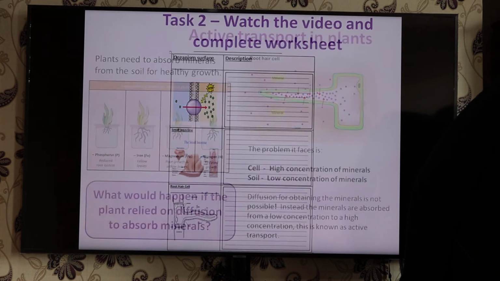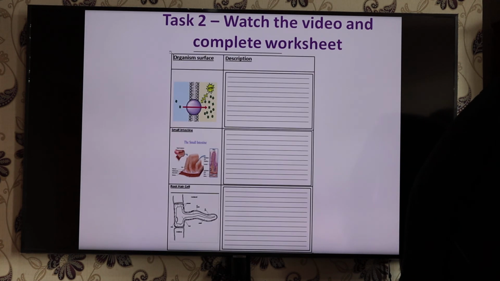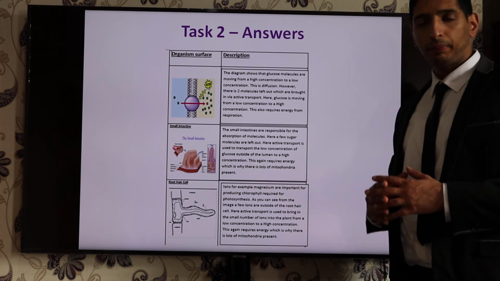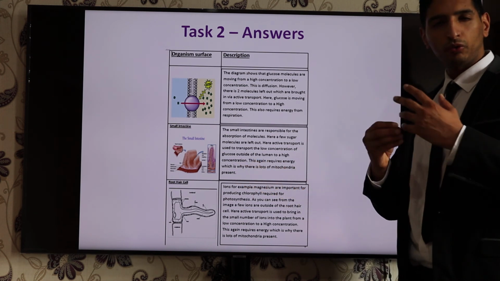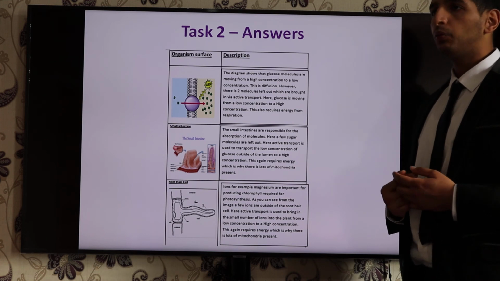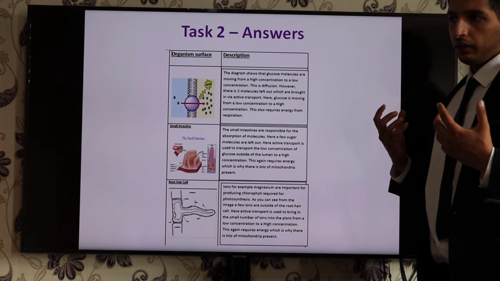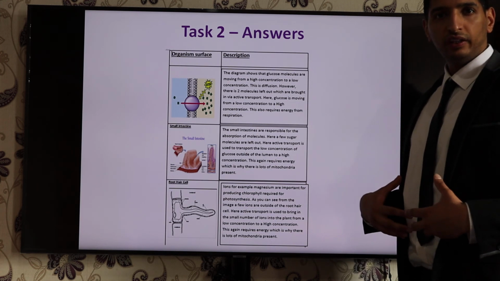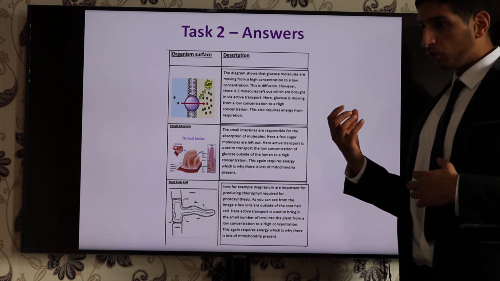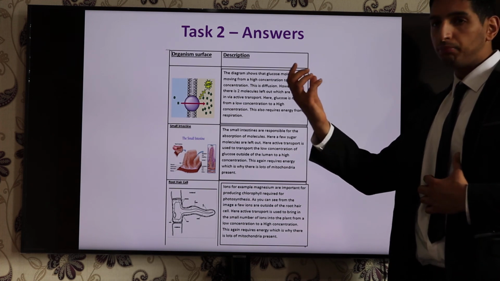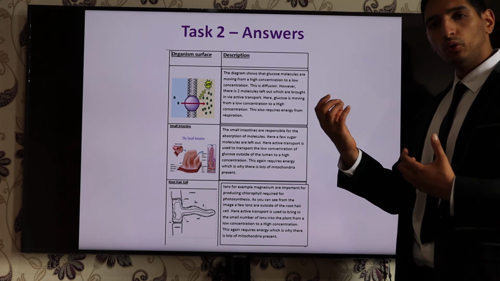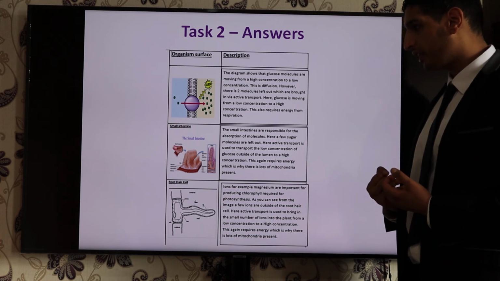Now, back to where it occurs. It occurs in these two. In the small intestines, in the lumen, sometimes glucose is left out, and the human body has lots of mitochondria to provide the energy to go against the concentration gradient and bring in the low concentration of glucose inside the small intestines.